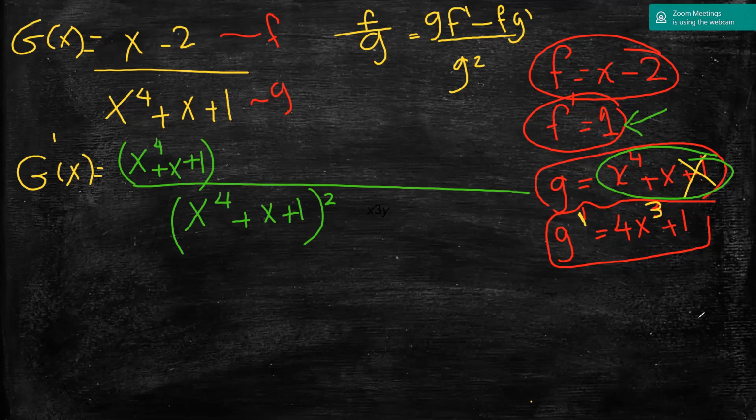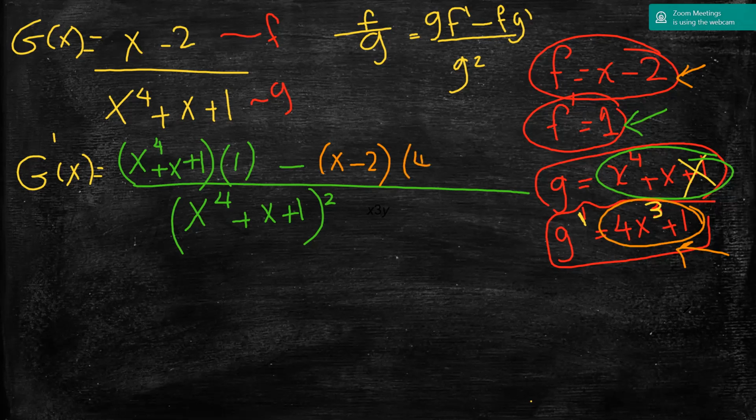It is 1. Minus now f. Where's f? Minus 2. Minus 2 times g prime. Where's g prime? 4x cubed plus 1. Then just multiplied by 1.